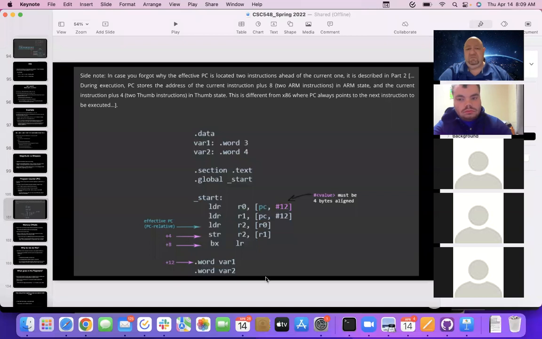Okay, so that's just some examples of how the program counter might work when we're loading something from memory into a register. It's a special use of the program counter in ARM.